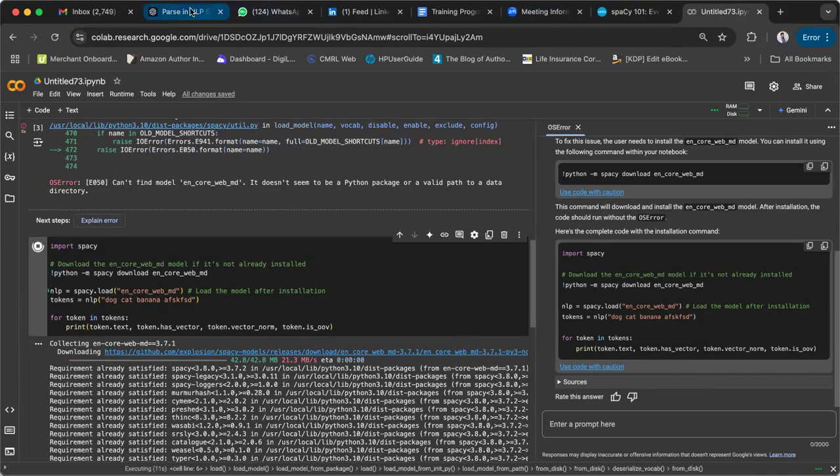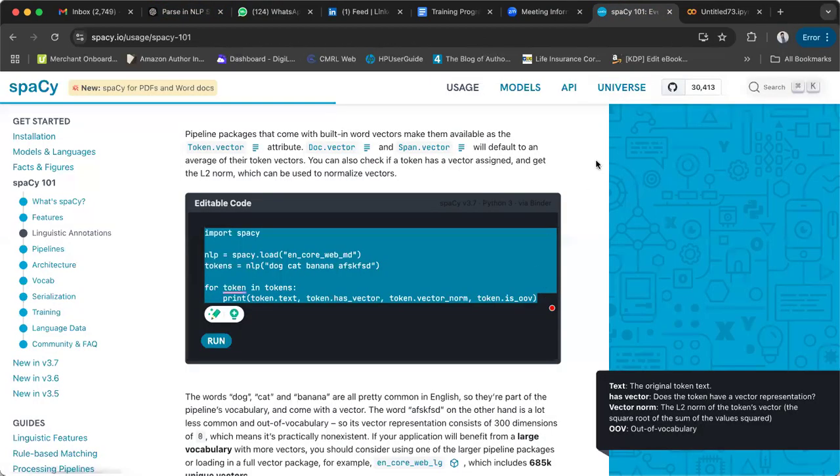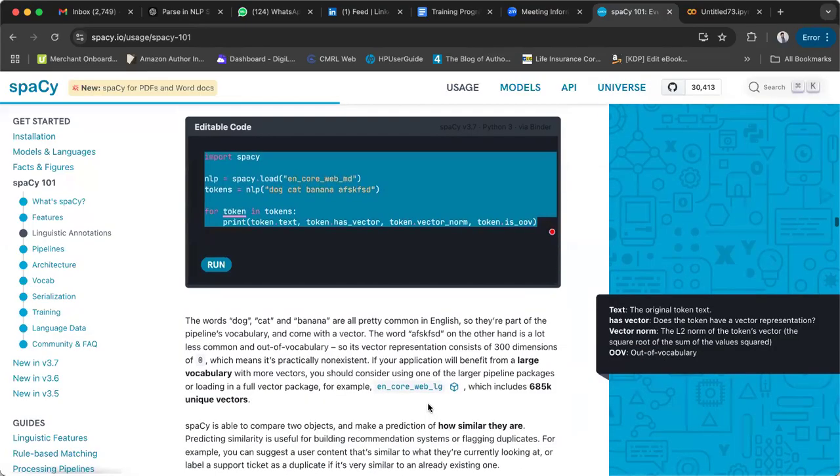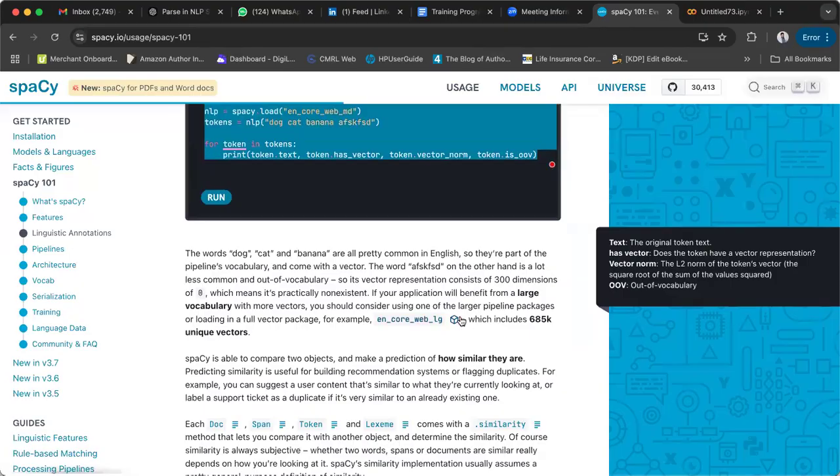What is this MD? This is one type of larger package, which includes 685K unique vectors. That means that much information has been trained into that package. Let's see what that is.